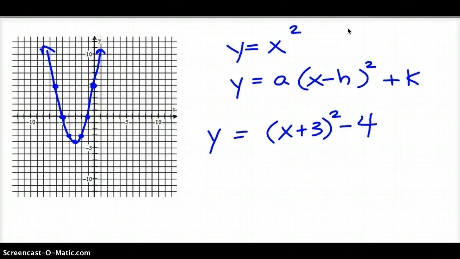There's a horizontal shift to the left 3, so notice inside is positive, and a vertical shift of negative 4, so the outside is negative.